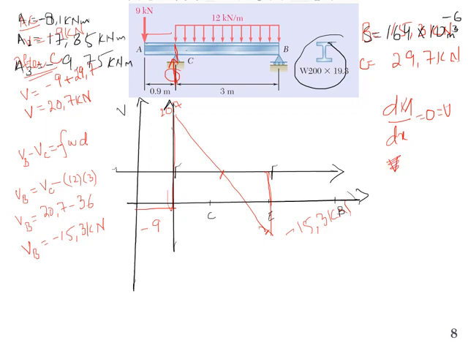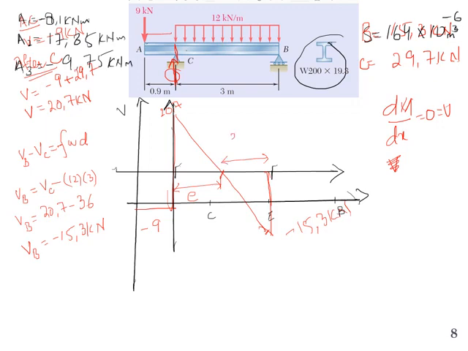So we have to find the location where the shear force is zero. But we don't know the location of this point. Let's take this as E, and if we can calculate the value of E, we can find the location where we have maximum bending moment. And the value of maximum bending moment we will see.